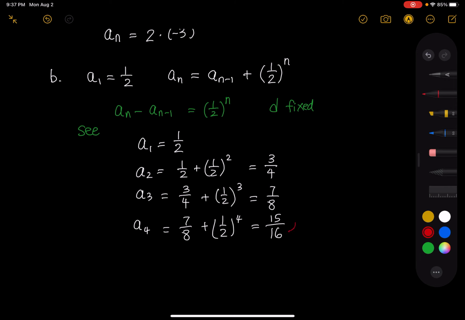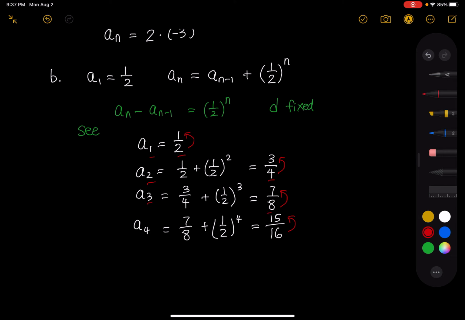What do you realize? You realize the relationship between the numerator and the denominator. The numerator is 1 less than the denominator. Once we know the expression for the denominator, we will be able to write the expression for the numerator. So what is the expression for the denominator? 1 corresponds to 2, 2 corresponds to 4, 3 corresponds to 8.